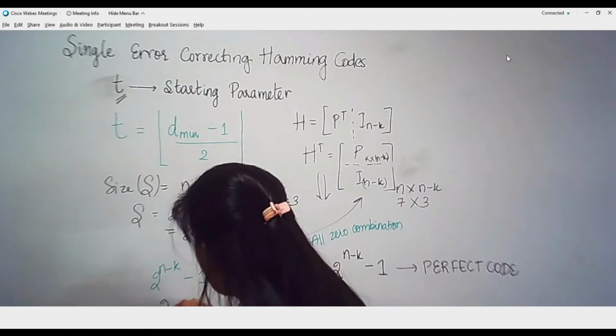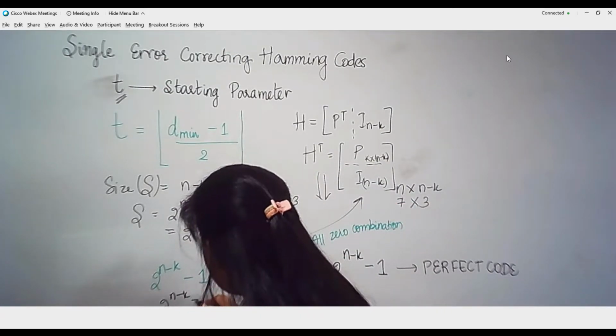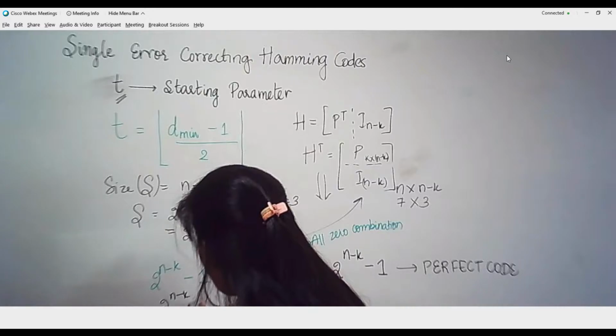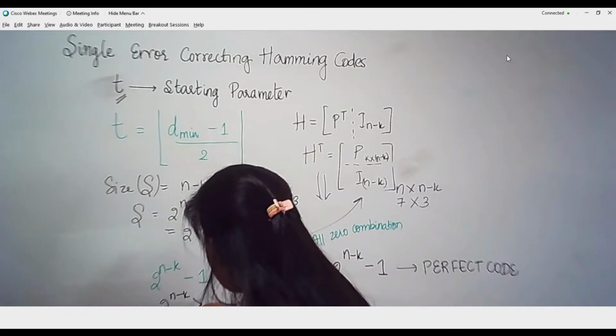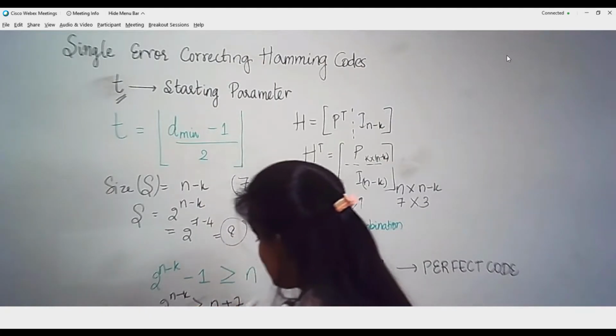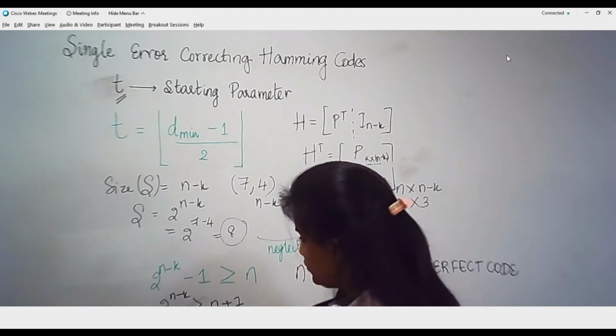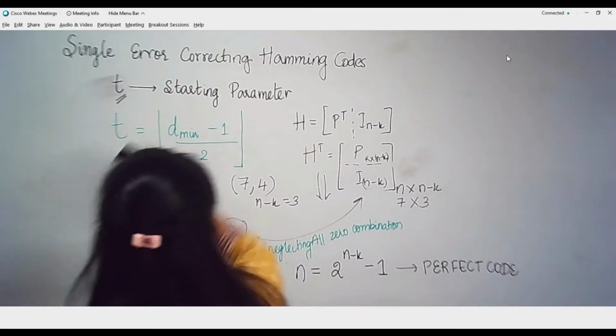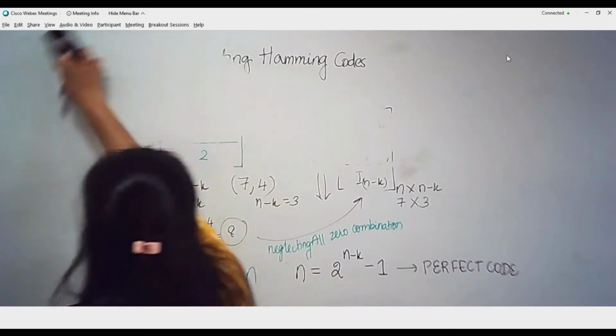Now please try to rearrange these terms so as to have the entire equation written in terms of n. I am going to put this one on the right hand side. The equality still holds good. Let me erase this and rewrite.